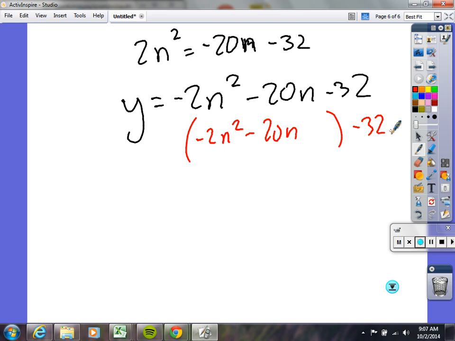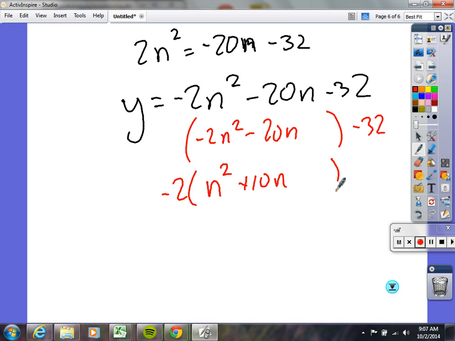The negative 2, correct? Right, Hunter? Are you okay with that? Because remember, it's always a 1 right here. Was he a 1? So what can I do? Just factor him out. So that becomes an n squared plus 10n.